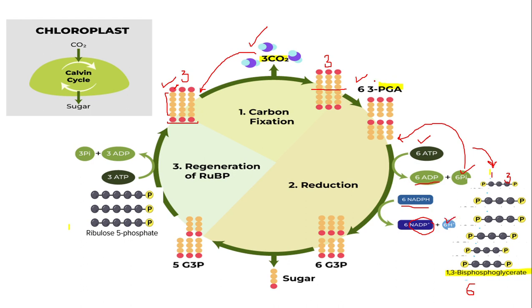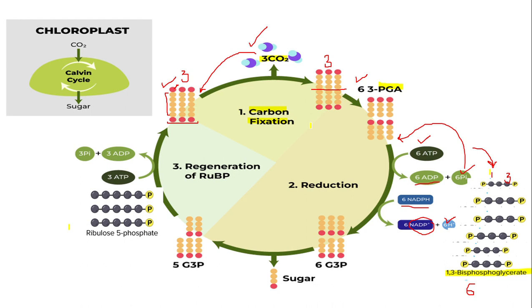Guys, first, one thing we skipped here is that the previous reaction is called carbon fixation. Why is this called carbon fixation? Because the carbon that was originally part of the carbon dioxide molecule is now part of an organic molecule, that is 1,3-bisphosphoglycerate.